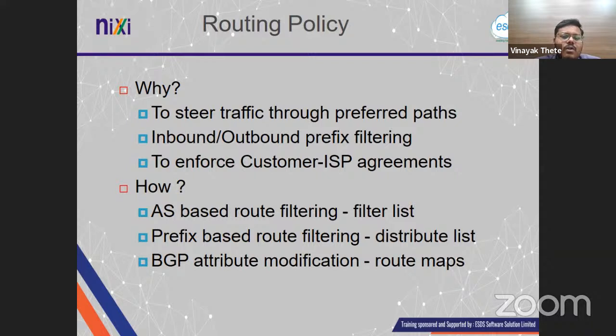Then that traffic will always travel via Airtel. In that case, the balancing is done between all the ISP or upstream service provider links for the traffic. So in this way, routing policy can be configured for eBGP peers or BGP pairings, we can say.